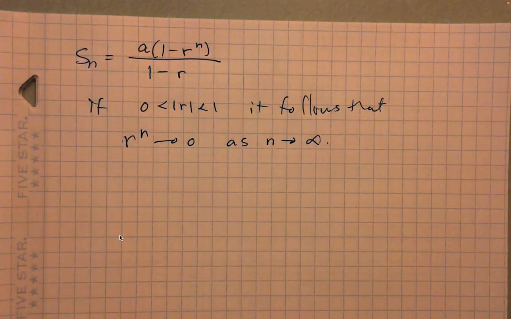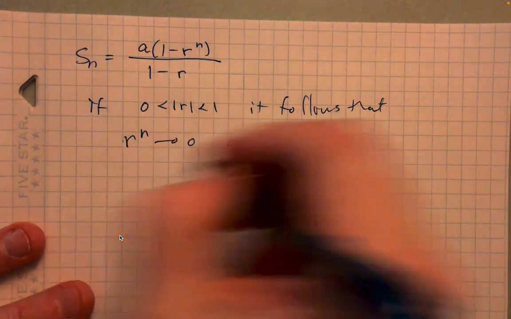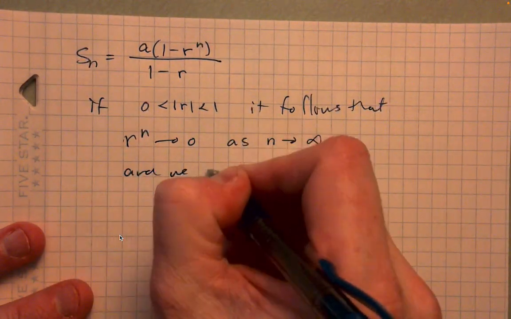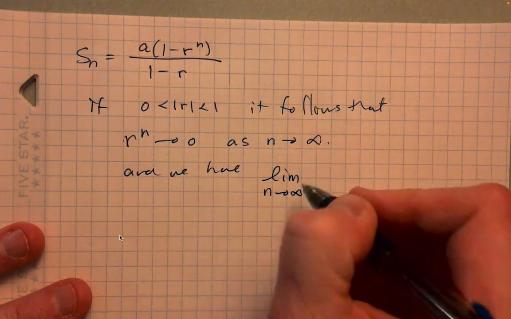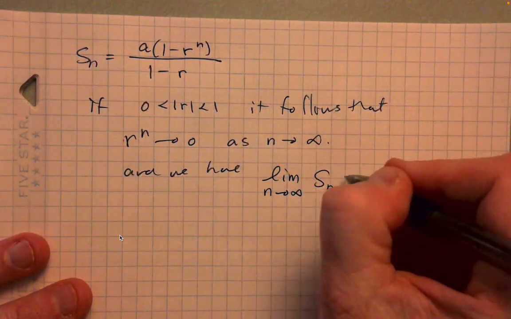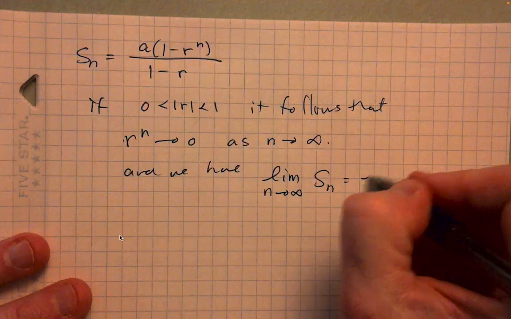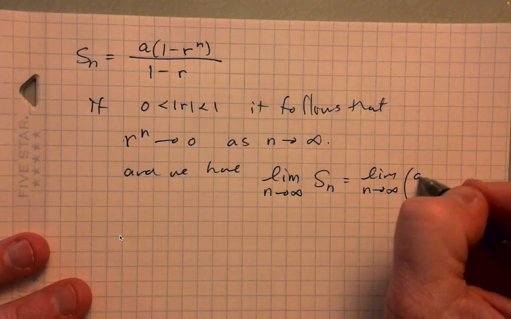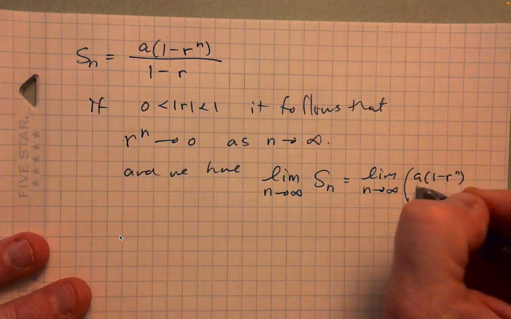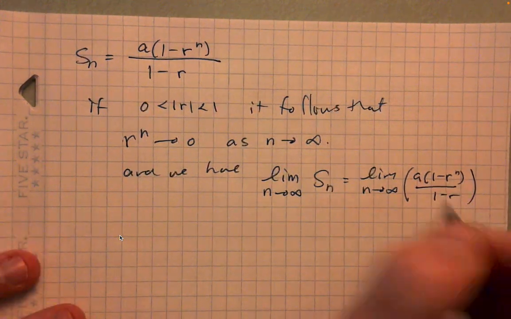Okay, and in that case we'd have, right, basically the limit as n approaches infinity of S of n will be the limit as n approaches infinity of a times 1 minus r to the n over 1 minus r.